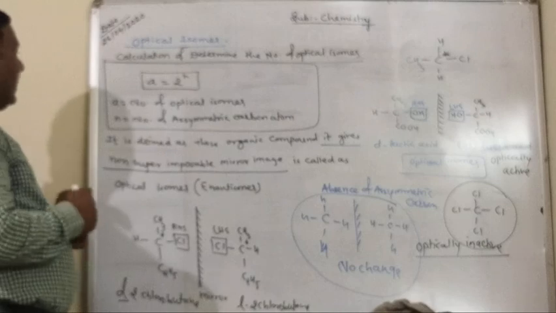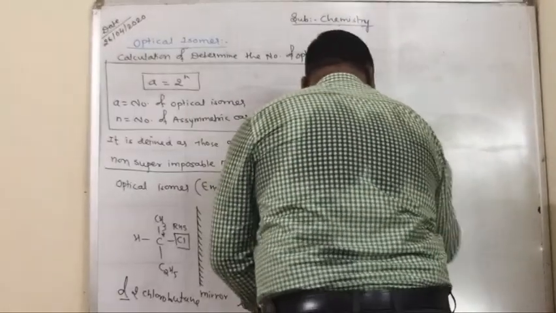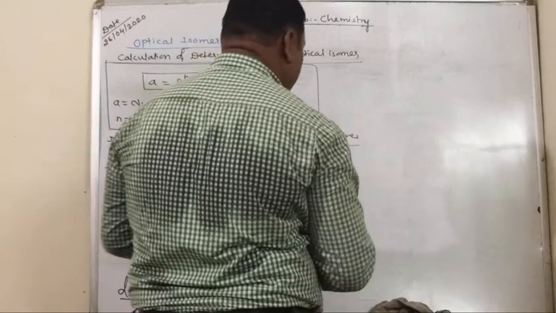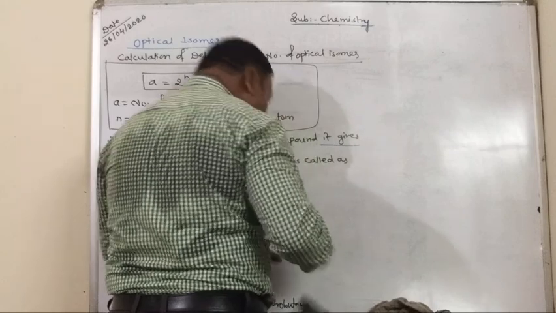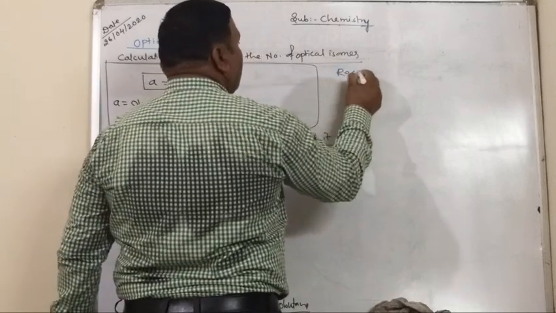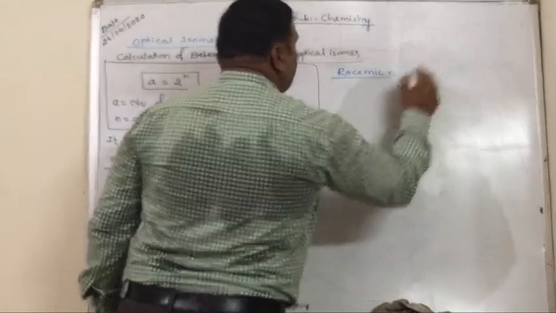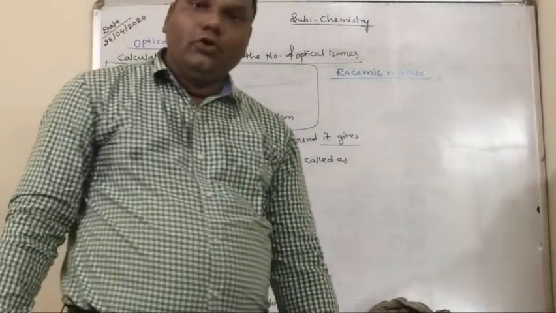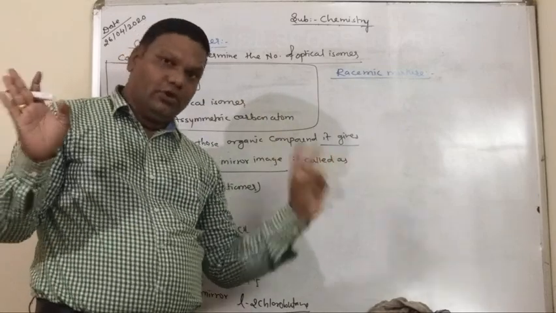Okay. Now the last one, the racemic mixture. We already discussed this in the SN1 reaction. Now suppose in a glass tube, in optical activity, remember the diagram, which was already drawn before.